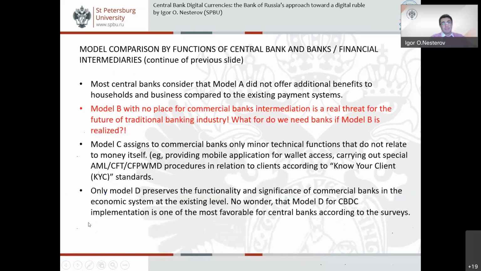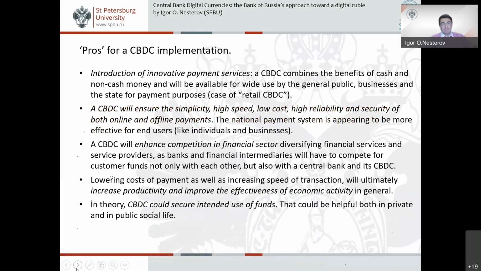And just a couple of words about advantages and possible risks connected with the implementation of central bank digital currencies. So let's start with the advantages.